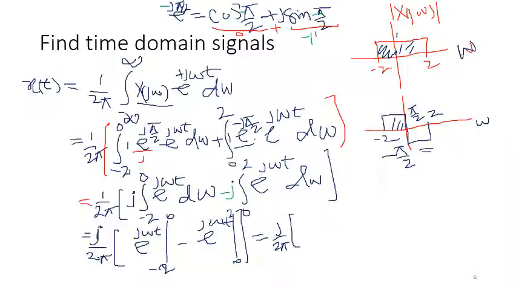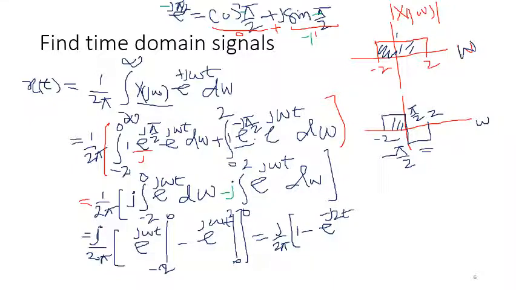If I put the limit here, the upper limit is 0, so e power 0 results in 1, minus the lower limit minus 2, so e power j, replacing omega with minus 2, gives e power minus j 2t.